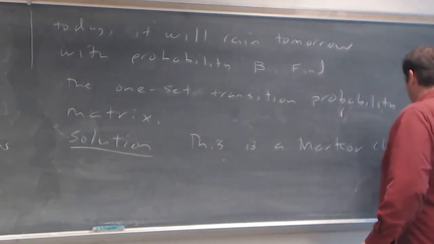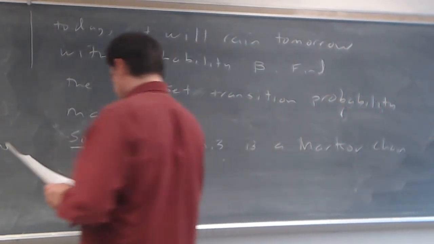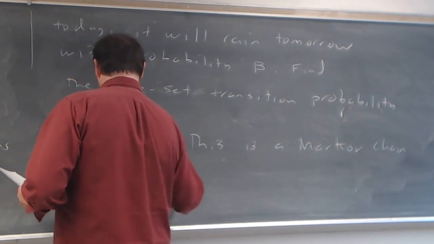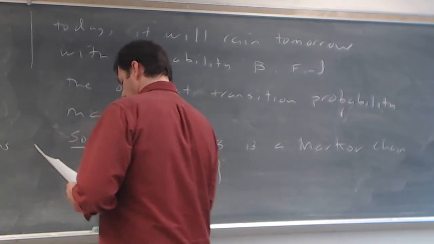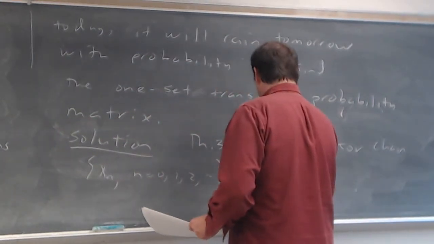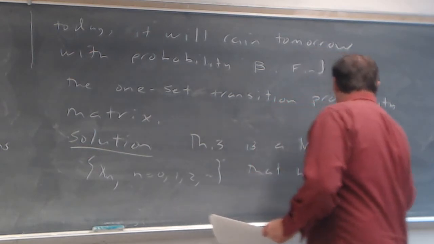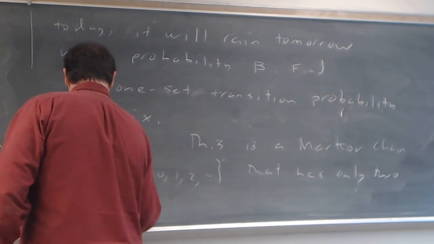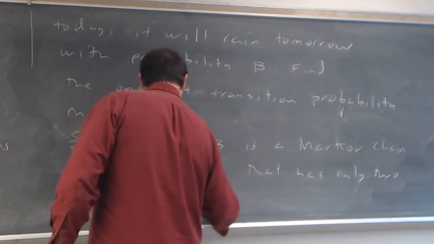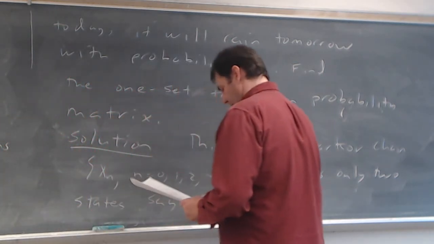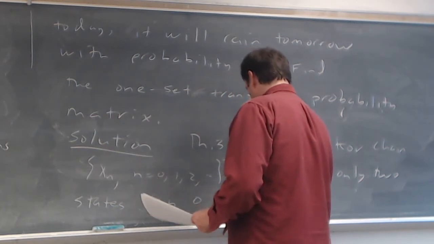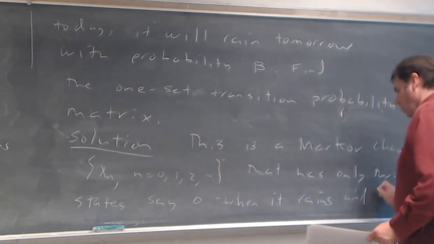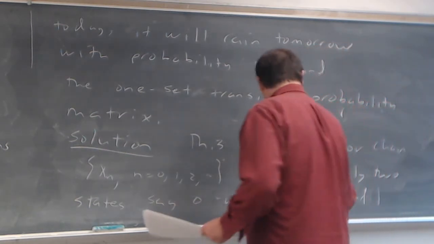And for me, it's easy to see that this is going to be a Markov chain, in that it's x of n, so n is equal to 0, 1, 2, wherever, that has only two states, say 0 when it rains, and 1, I should say when it rains today.